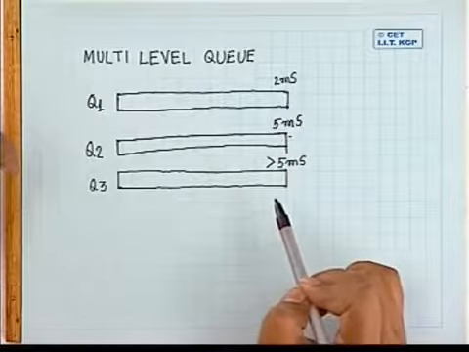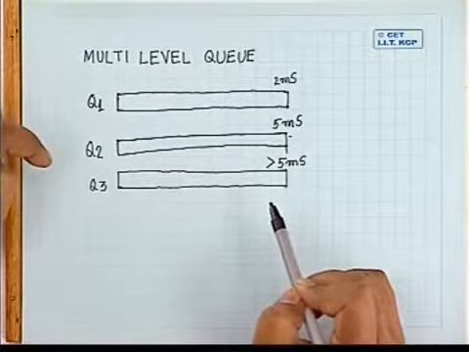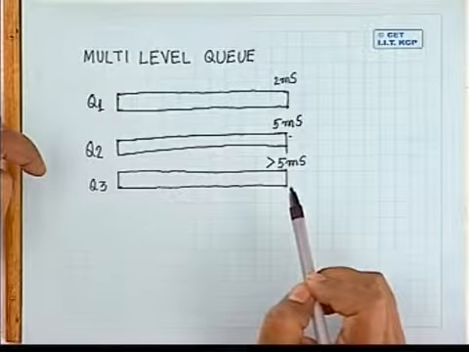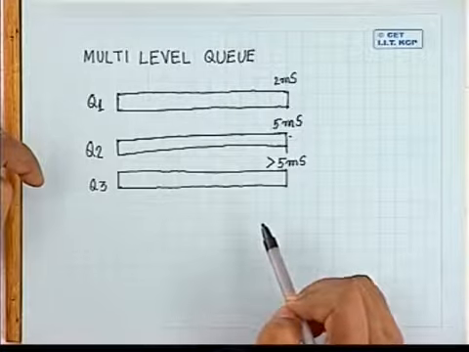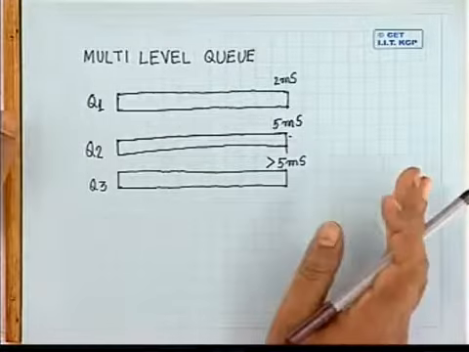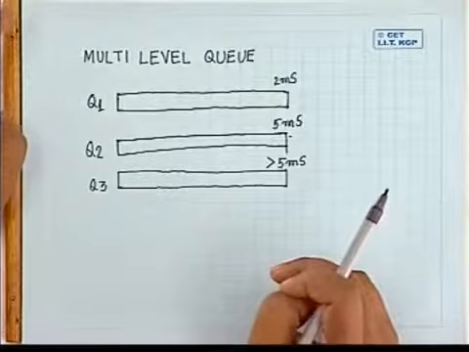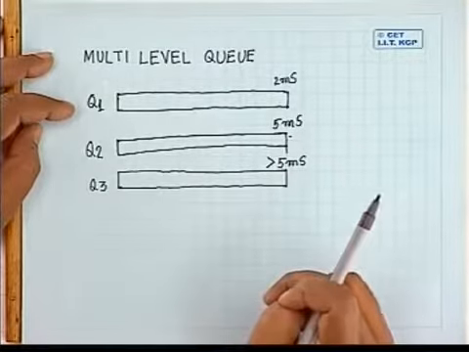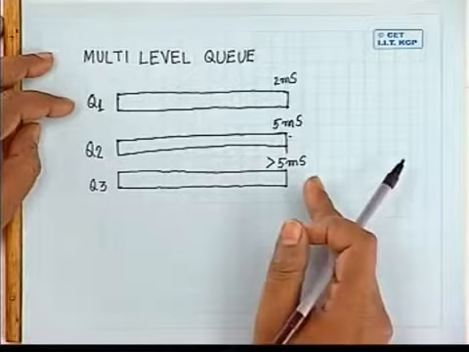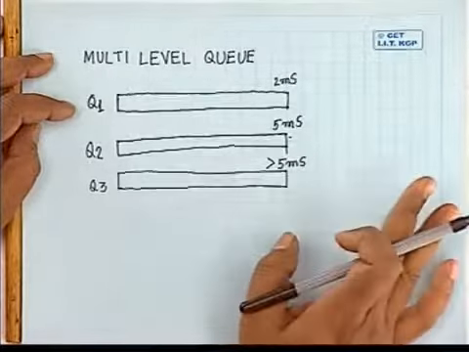But there is a disadvantage. It does not take care of the dynamic nature of the job. For example, a job may initially take CPU bursts of greater than 5 milliseconds, which means the job is CPU bound. But after some time, maybe the job becomes IO bound, so its CPU time requirement will be less.